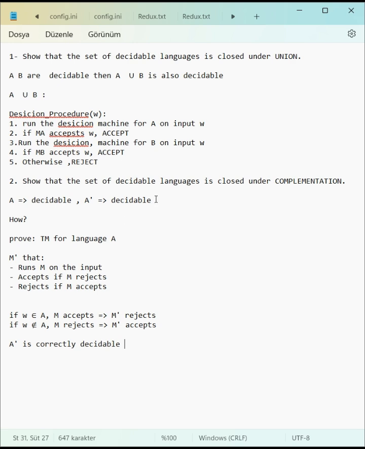Termination and decidability are preserved. Decidable languages are closed under complementation. We proved that. So A decidable and A complement decidable, as we showed here.